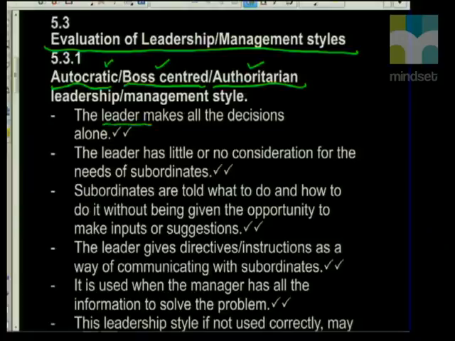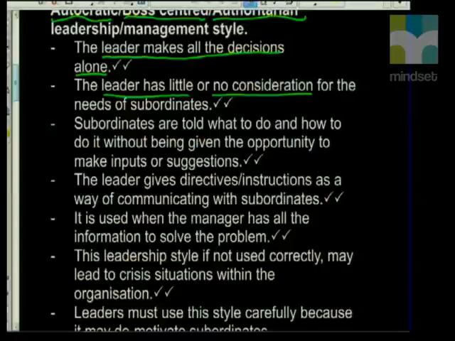First off, an autocratic leader makes all the decisions alone. No matter what the situation is, that leader will say, this is what we're doing because I say so. The next part of autocratic leadership is the leader has little or no consideration for the needs of their subordinates.